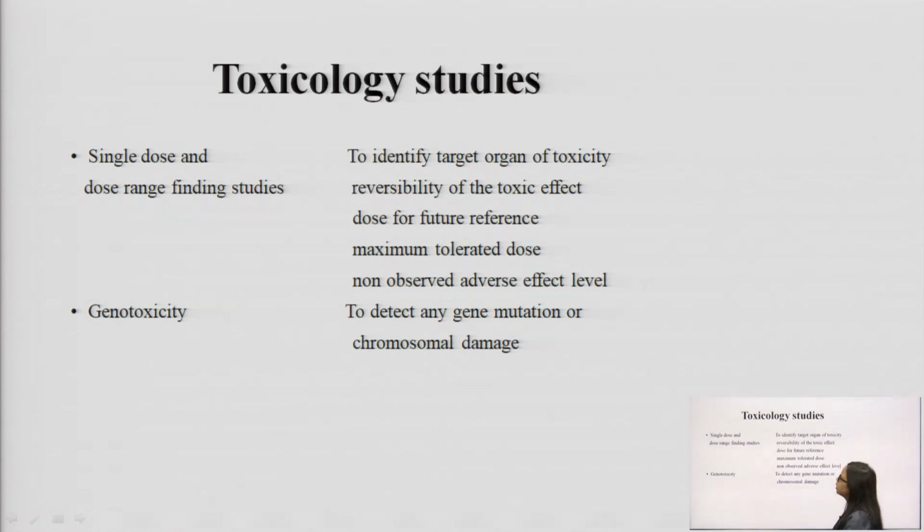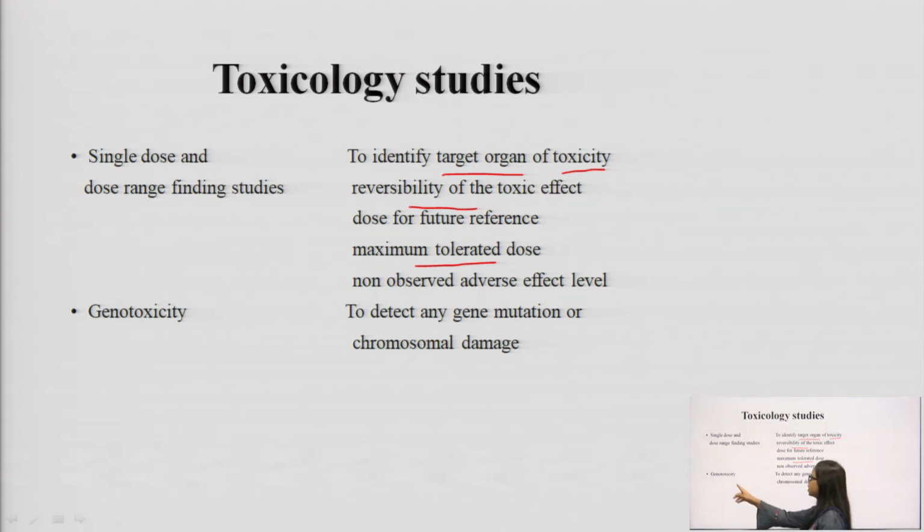It means we identify the main target organ of toxicity of the compound, whether the toxic effect is reversible or not, and how much dose we can tolerate so that the compound does not show toxicity.